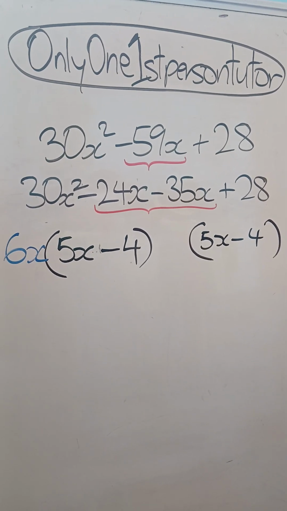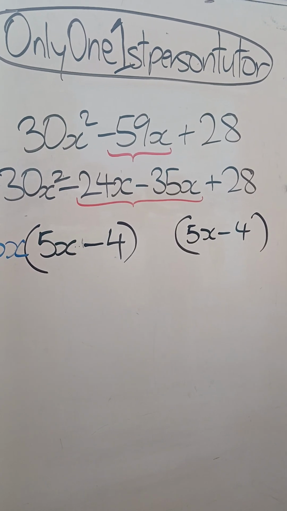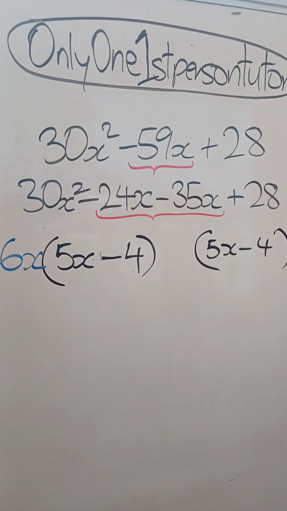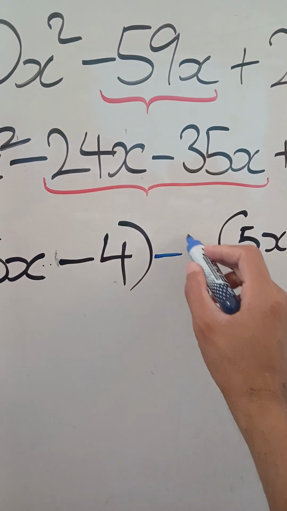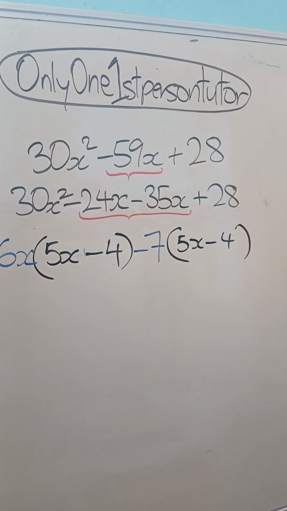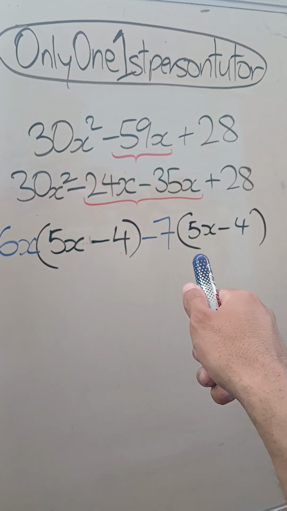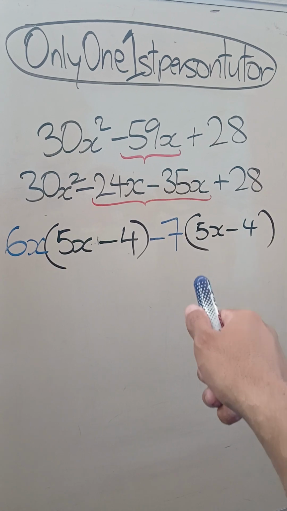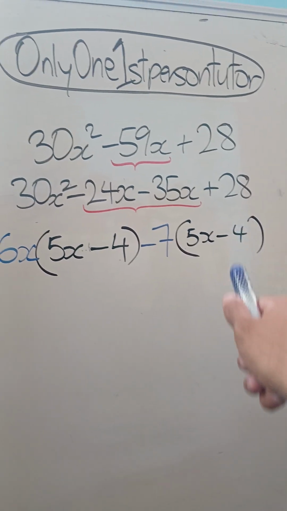Now, divide the minus 35x by the 5x. The x is cancelled. Minus 35 over 5 is going to be a... So, you multiply minus 7 by the 5x, you'll get the 35x. You multiply the minus 7 by the minus 4, you get plus 28.